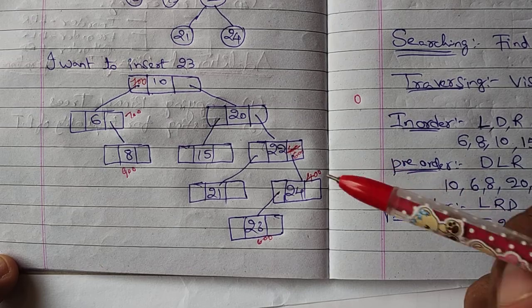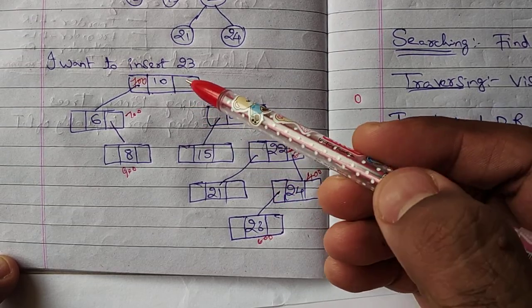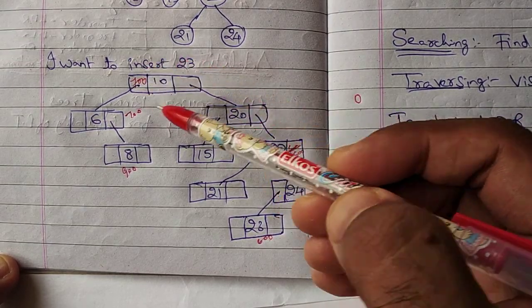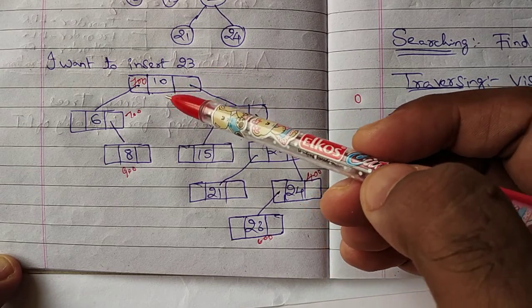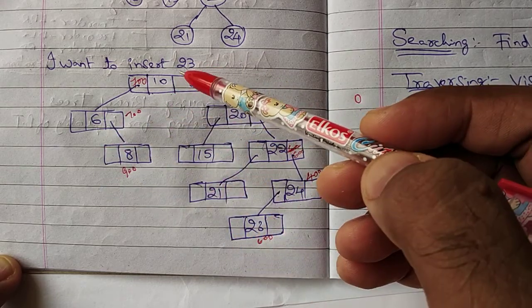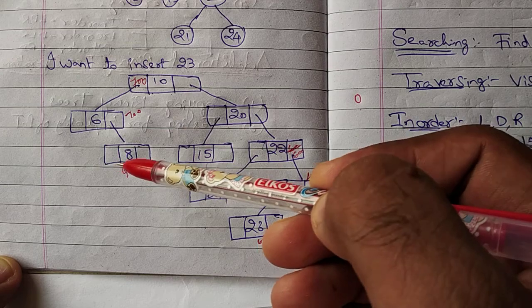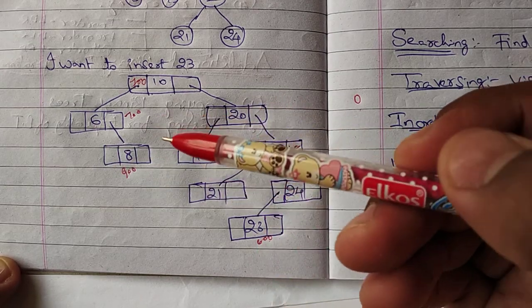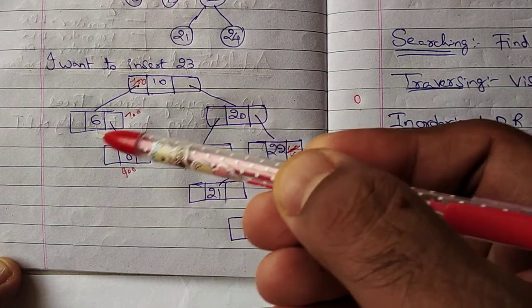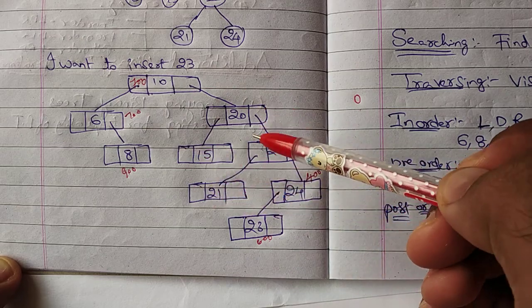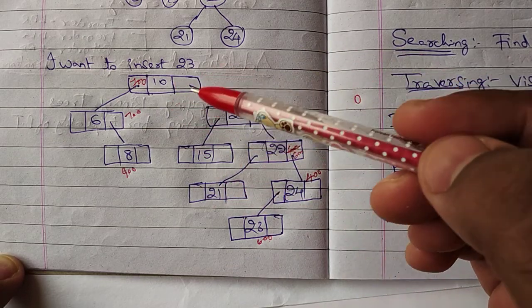And the last scenario in deletion: delete a node having both left and right children. Suppose I want to delete the root node. Whenever we delete the root node, the tree is divided into two different trees. We don't do it like that. Simply we reconstruct it, we rebuild it. Very simple, students, please understand.